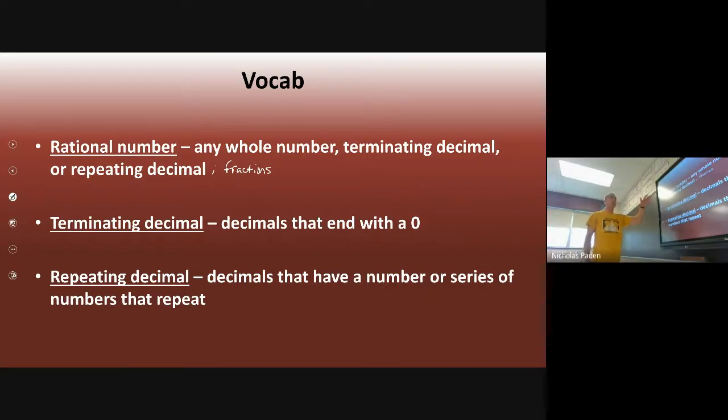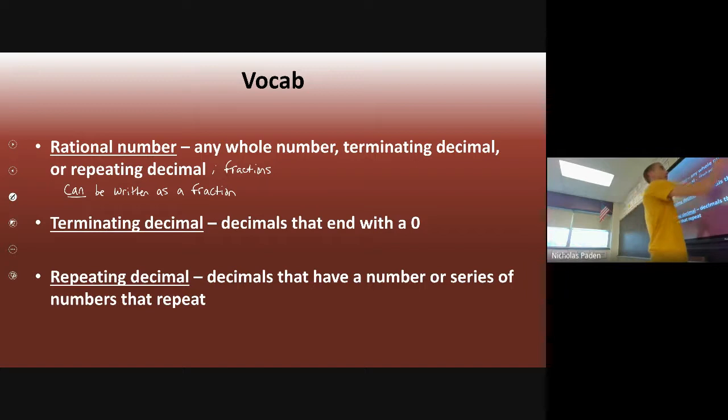The reason why fractions are included is another thing about rational numbers that is true, and this is the deciding factor between if it is a rational number and if it is not: rational numbers can be written as a fraction. So if a number can be written as a fraction, then it would be a rational number.